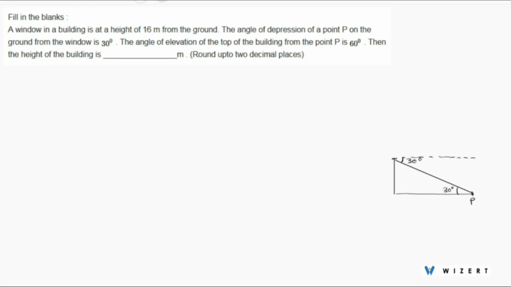Next is given that angle of elevation of the top of the building from this point P is 60 degrees. So there is a point somewhere over here. This is the top of the building, and angle of elevation of top of the building from this same point is 60 degrees.